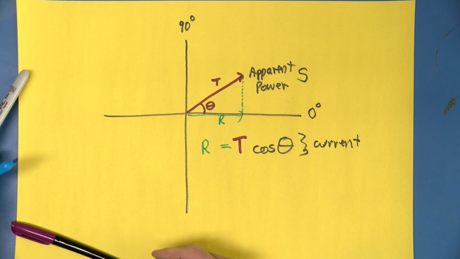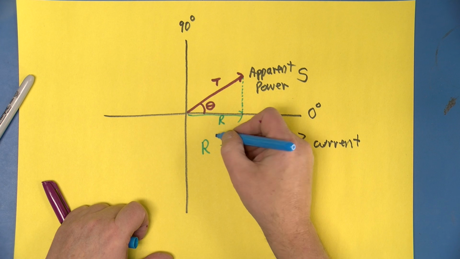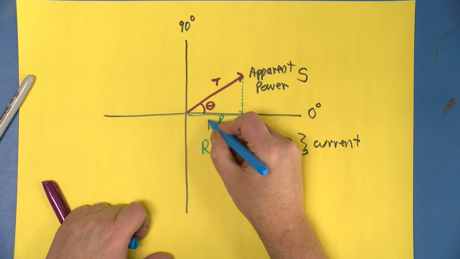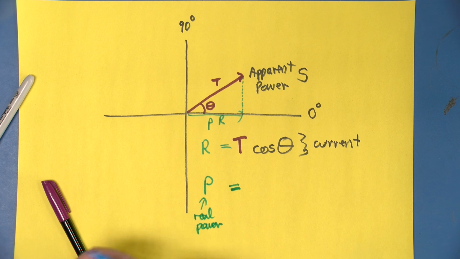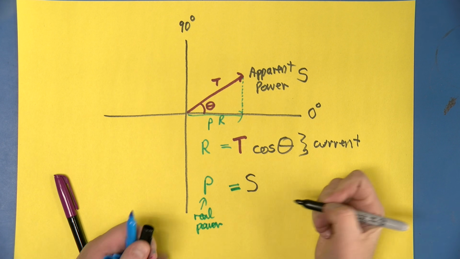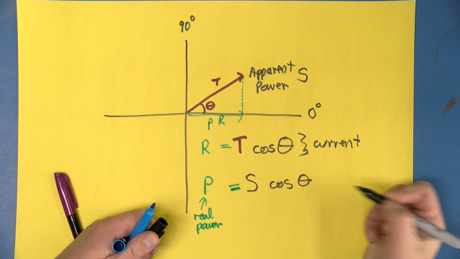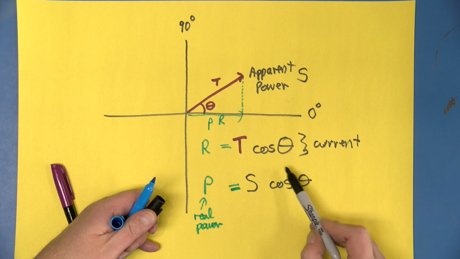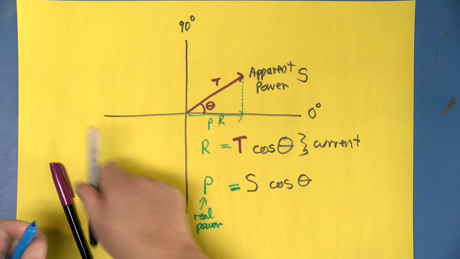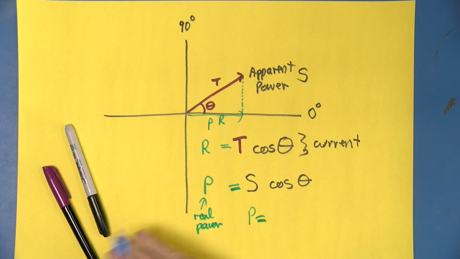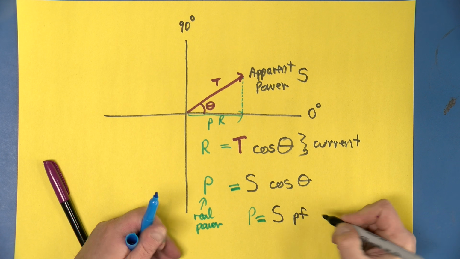Down here, we'll do it with power. So we're going to say the real power P is equal to the apparent power S times cosine of theta. And we call this cosine of theta the power factor. So we can say P equals the apparent power times the power factor.